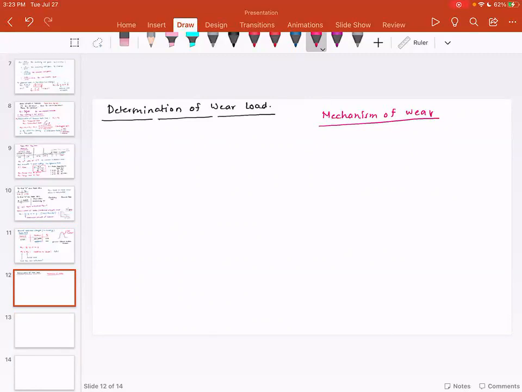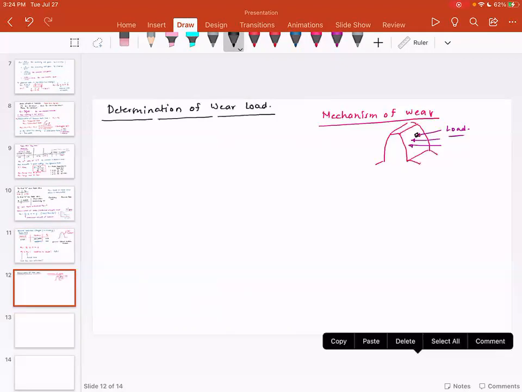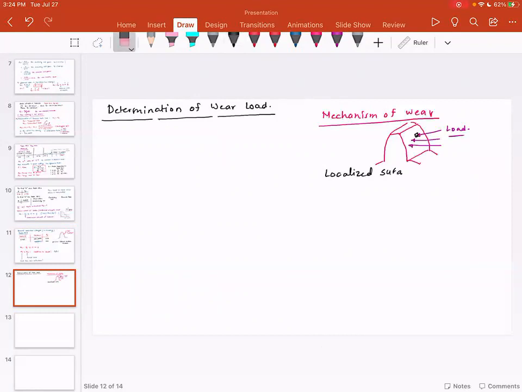But I want you to think about, in the case of gear, you have very high loads acting on the gear profile, and this load is concentrated on a very small region, which means the localized surface stresses are very, very high.